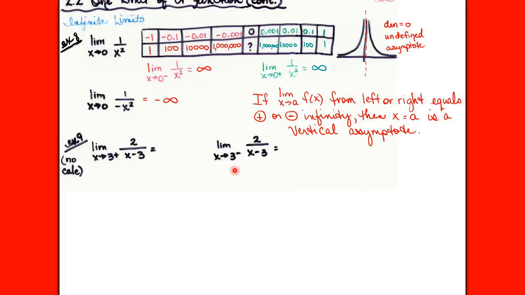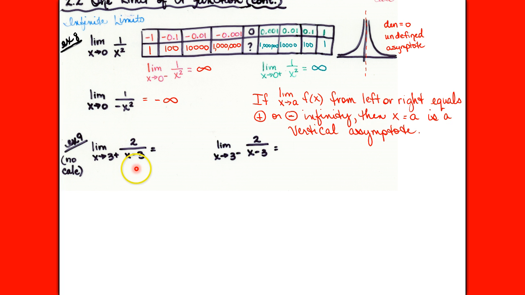Okay, how in the world do I do that without a calculator? All right, let's talk through it and talk about the logic that we'll be able to use to evaluate this. If I were looking for the limit where I'm approaching 3 from the right, I would use values like 3.1, 3.01, 3.001, right? Okay, so my numerator is staying the same. It's not changing.